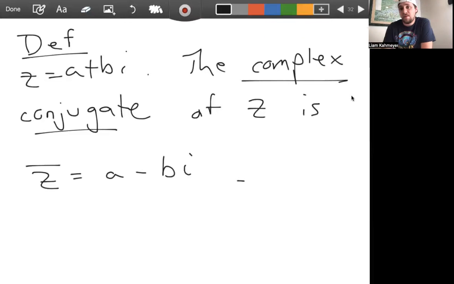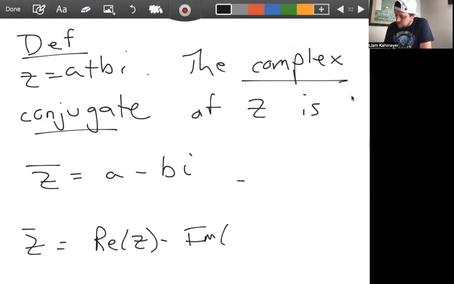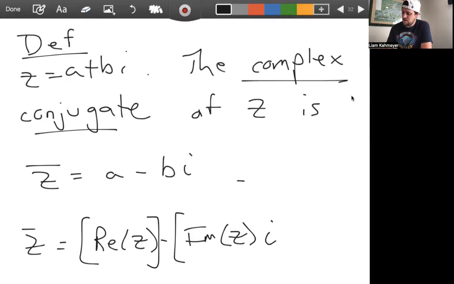So really you just flip the sign: Z bar, the conjugate, is the real part of Z minus the imaginary part of Z times I. You just flip the sign of the imaginary part, and that gives you the conjugate.